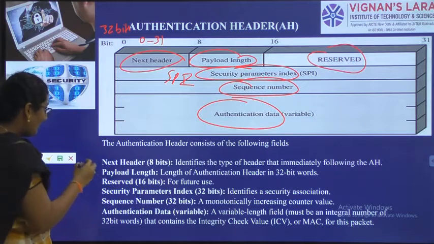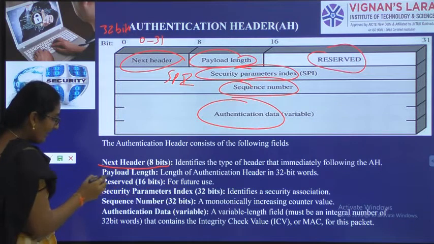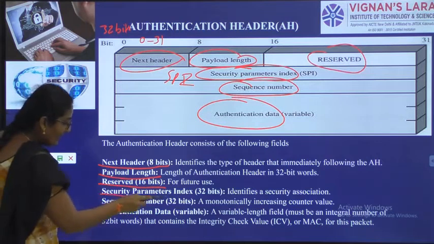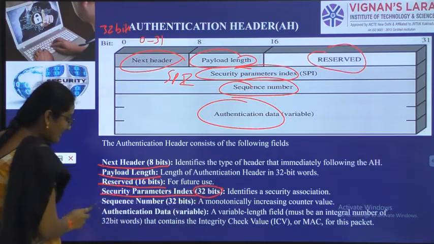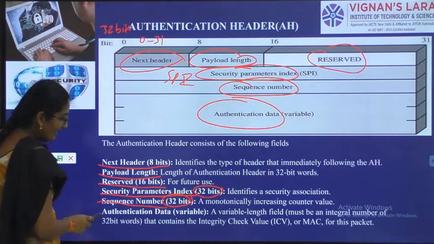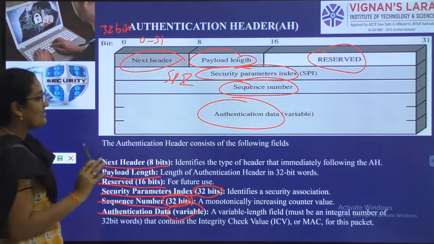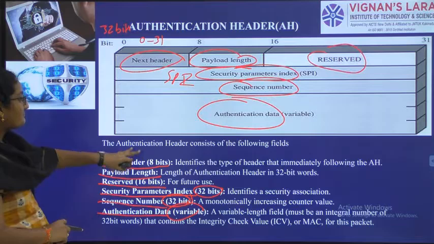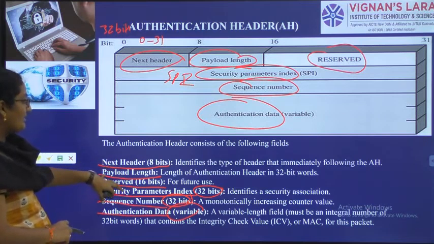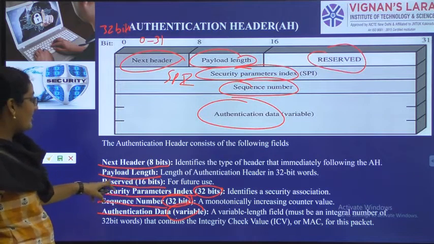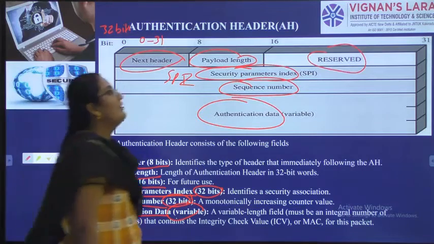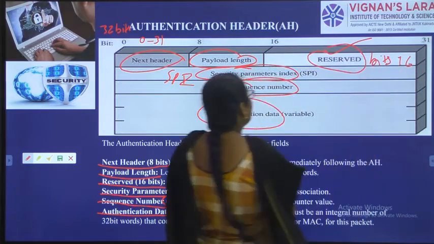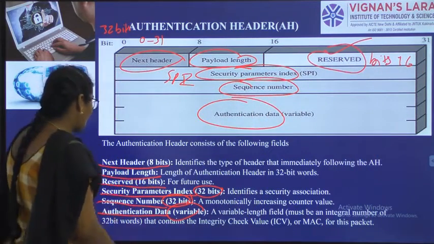Next header is 8 bits, payload length 8 bits, reserved bits 16 bits, security parameter index 32 bits, sequence number 32 bits, and authentication data is variable, meaning the size is not fixed. The 16 reserved bits are reserved for the future.